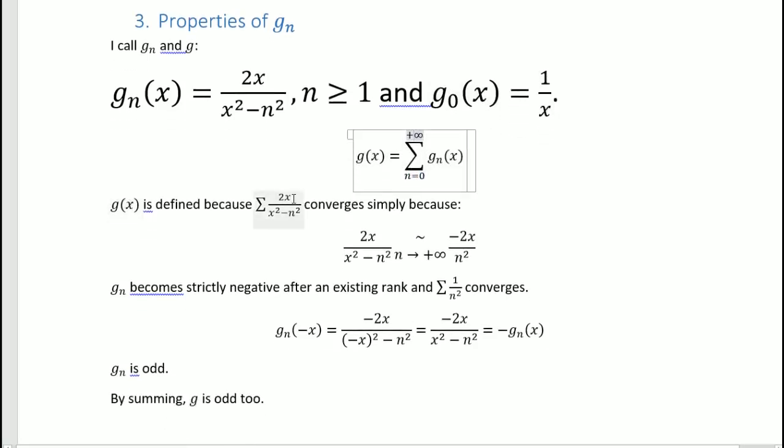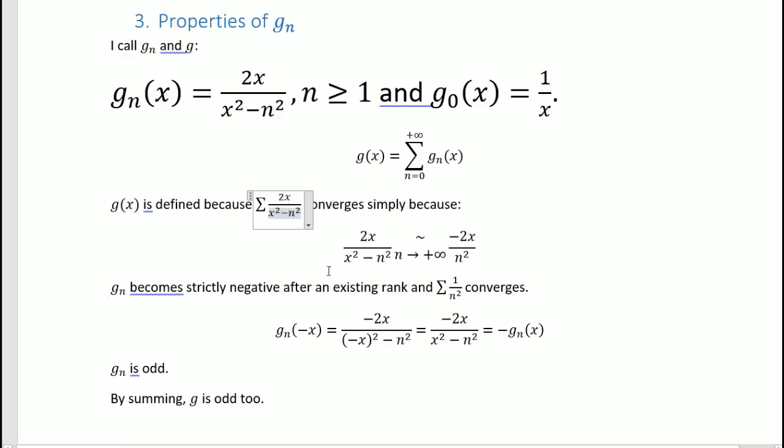So g is defined because this series actually converges, simply because it's equivalent to a series of minus 2x over n squared in plus infinity. And since this series converges, then this one converges too. Oh yeah, and also after a certain rank, g n is strictly negative.